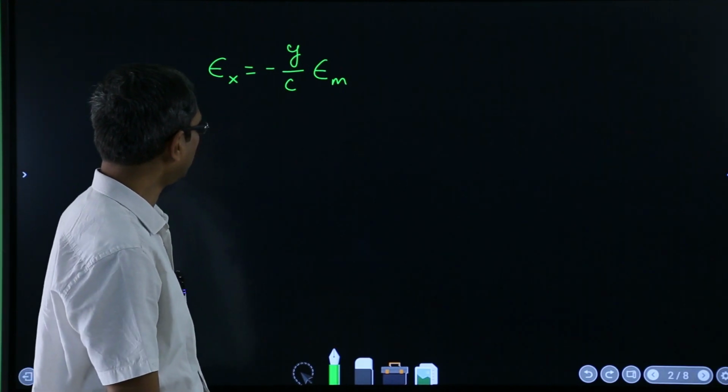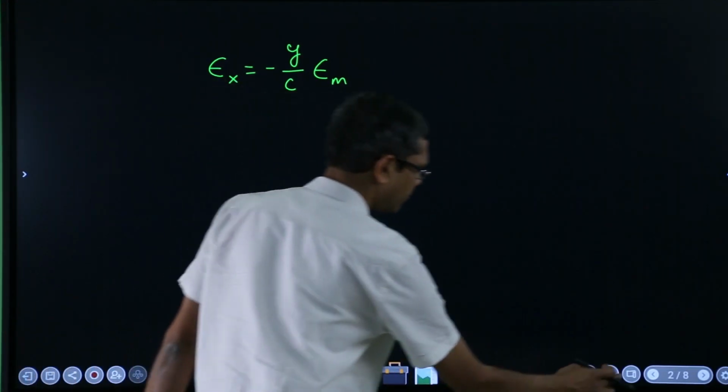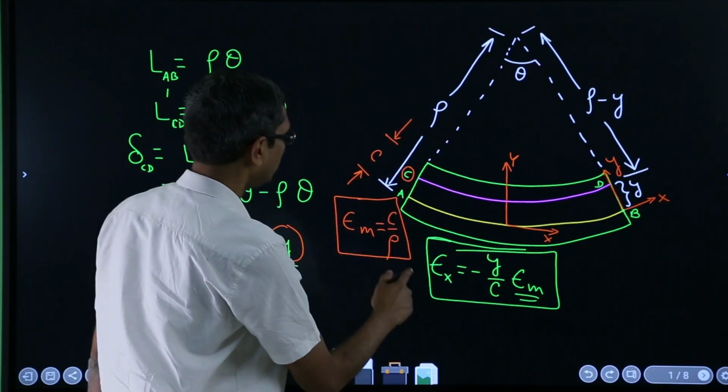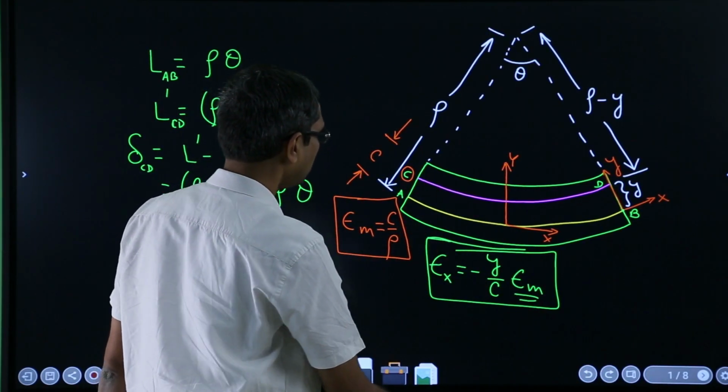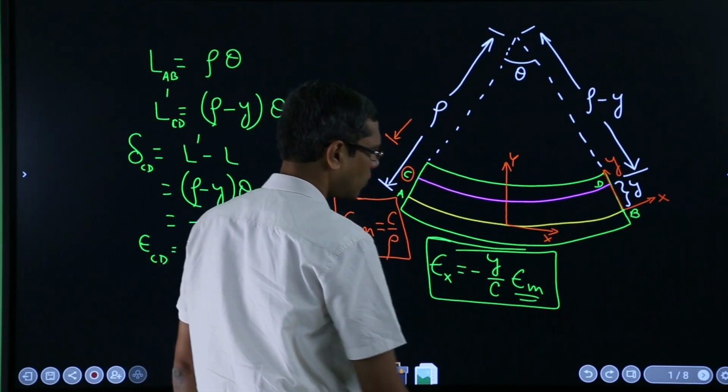So this is where we had stopped. Just to remind you, this is the configuration and y is the distance from the origin.